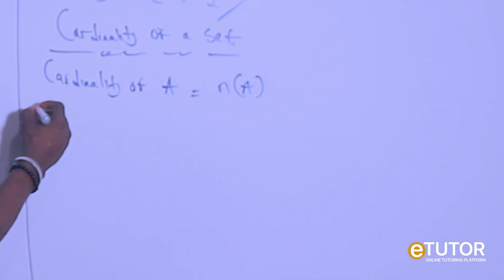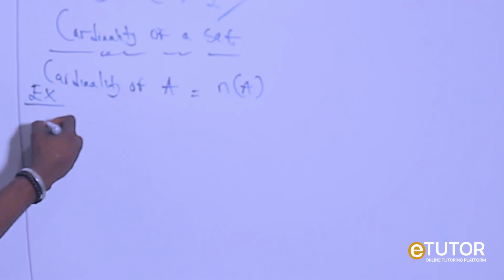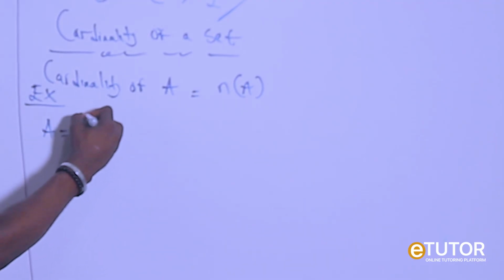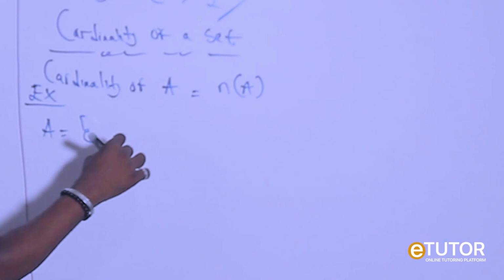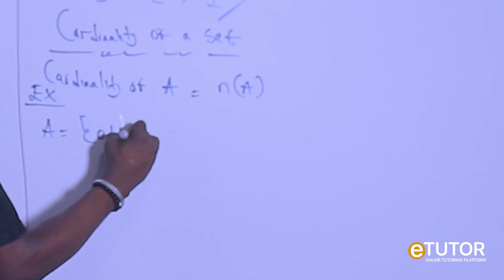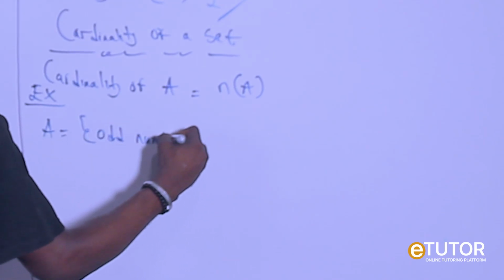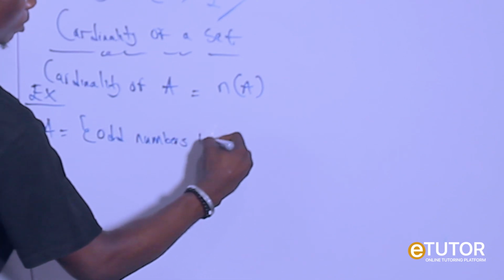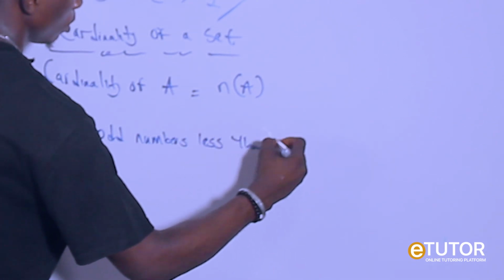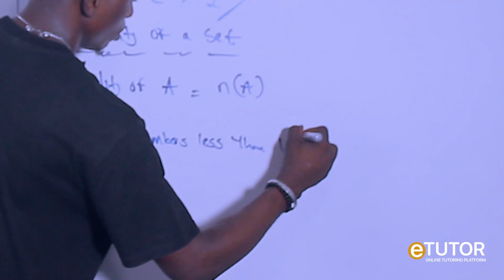So for example, let's say I have a set A to be equal to odd numbers less than 10.